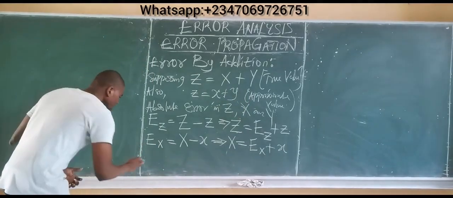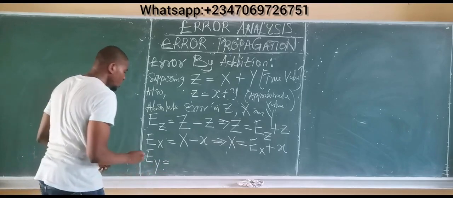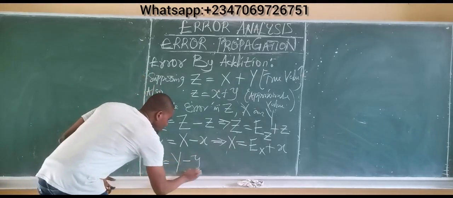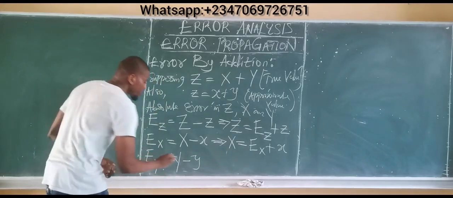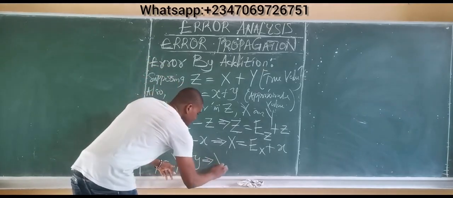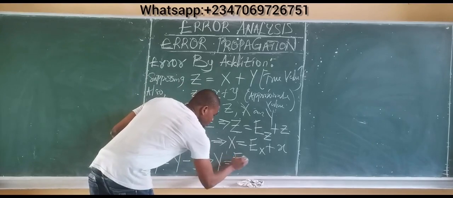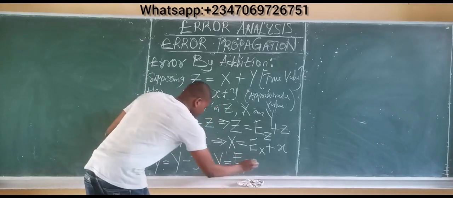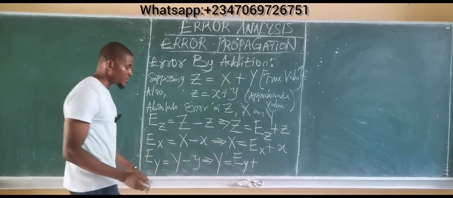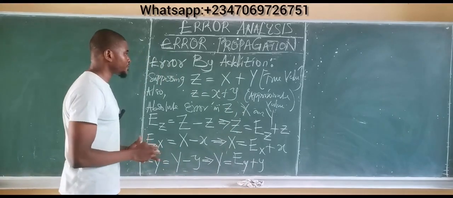And finally, the error in quantity Y is going to be equal to the true value of quantity Y, which is capital Y, minus the approximate value of quantity Y, which is small y. So this implies that the true value capital Y equals E_Y, plus small y, which is the approximate value, since negative y moved over becomes positive.